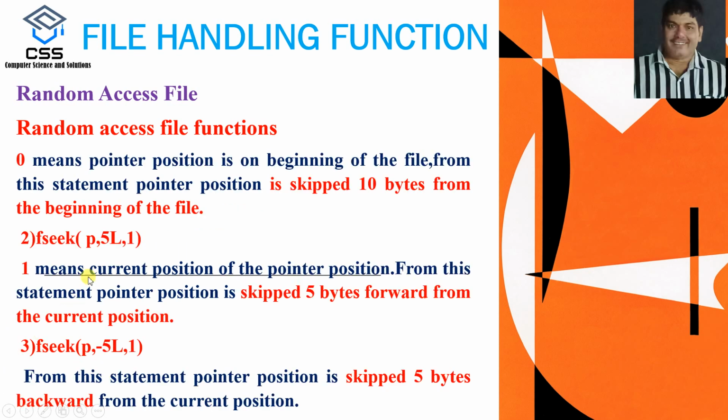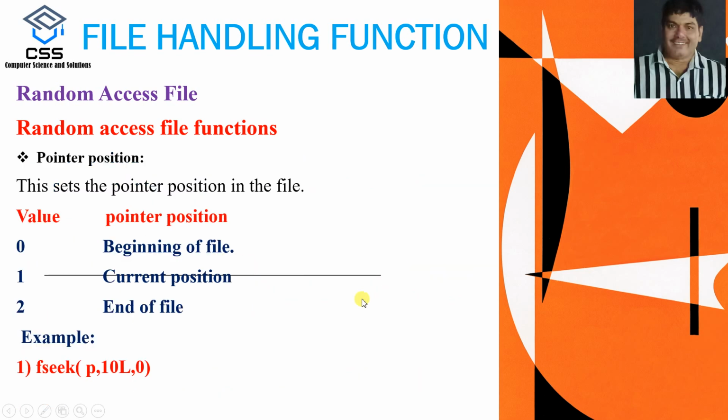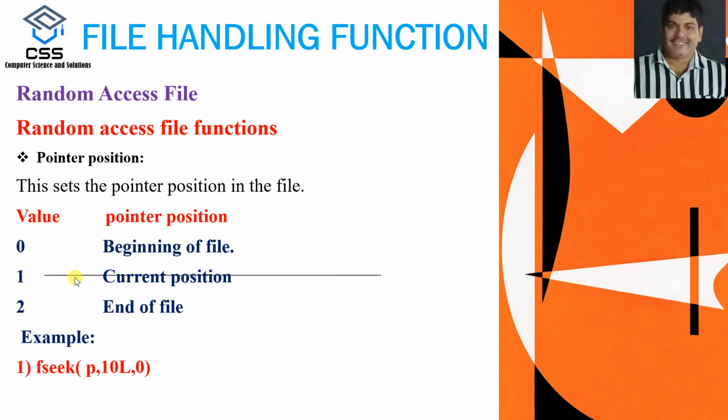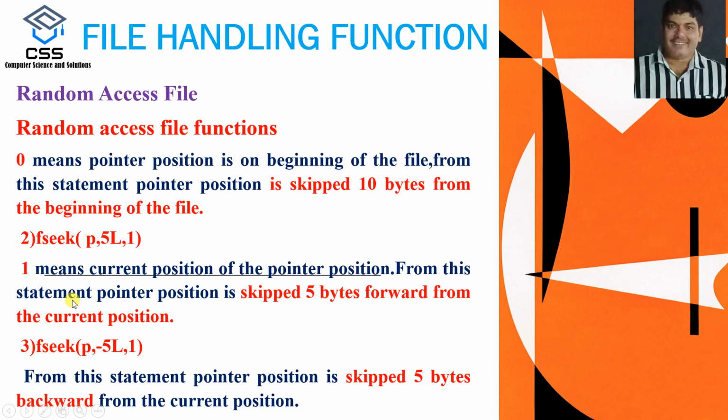If it is written fseek p, 5L, 1, what does 1 mean? As I previously told, the current position. From the current position, suppose we are at the 5th character position, 5L means from there rightwards 5 bytes. Suppose we are at the end of the file, represented as 2, then there will be a minus. Why? Because at the end of the file there is no forward direction.